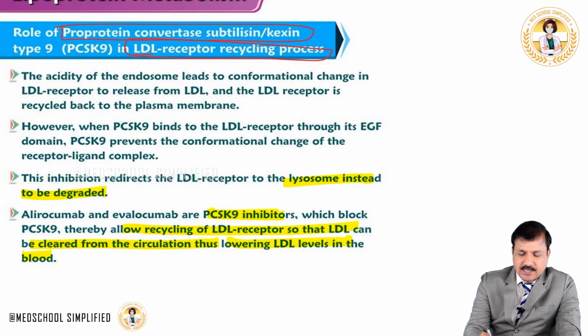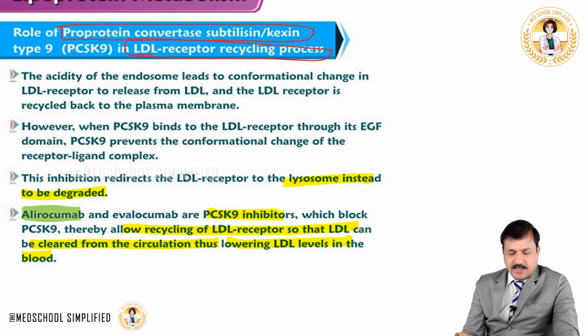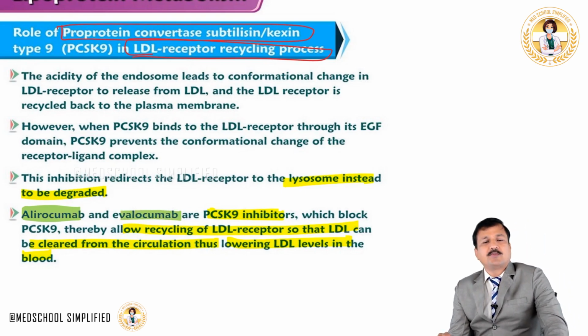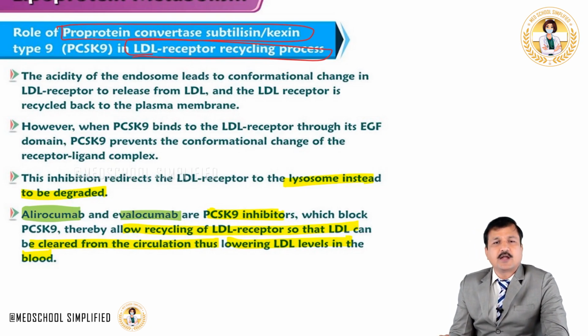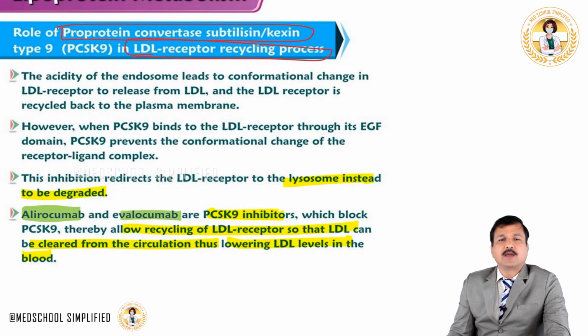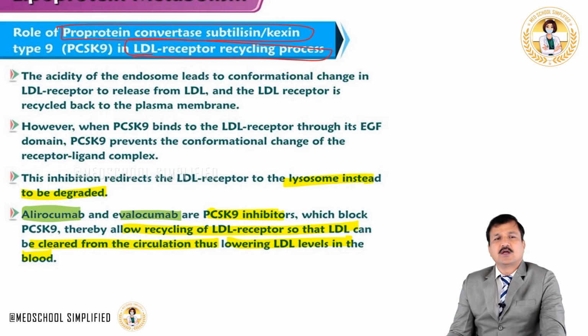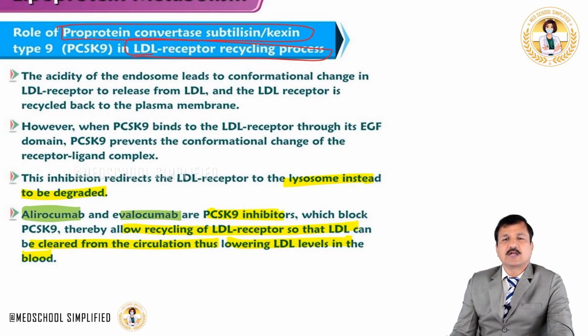And what are PCSK9 inhibitors? Examples given here are alirocumab and evolocumab. These are referred to as PCSK9 inhibitors, and these molecules will make sure that LDL receptors are recycled back to the membrane, thereby circulating LDL is taken in. So this is the role of PCSK9s and PCSK9 inhibitors in maintaining LDL receptor levels over the cell membrane.